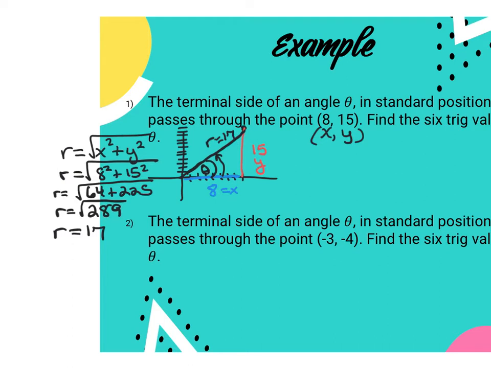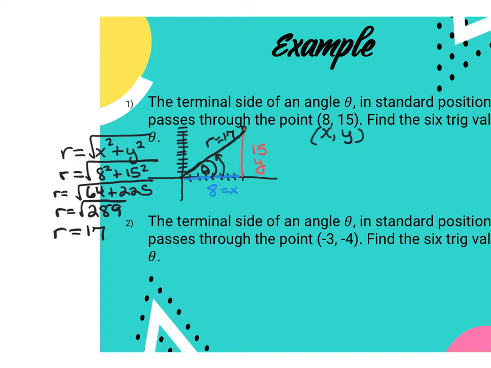Now, for those of you who remember your triples from last year, this is actually a Pythagorean triple. So as soon as you saw that the two legs were 8 and 15, some of you are going to realize that that missing side for R is going to be a 17. If not, you quickly do this Pythagorean theorem here.